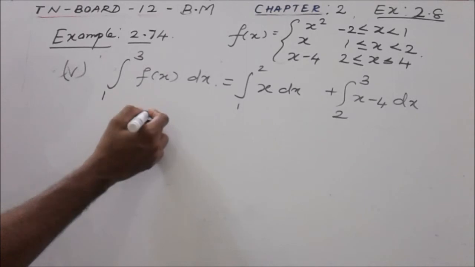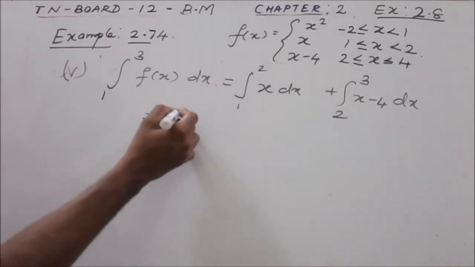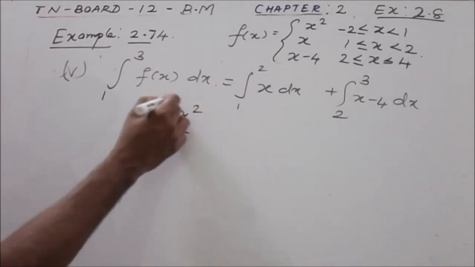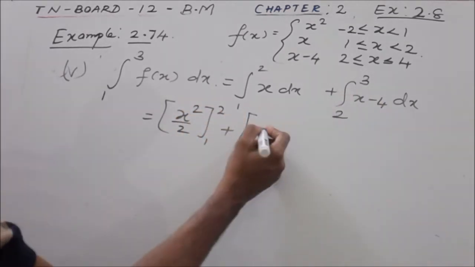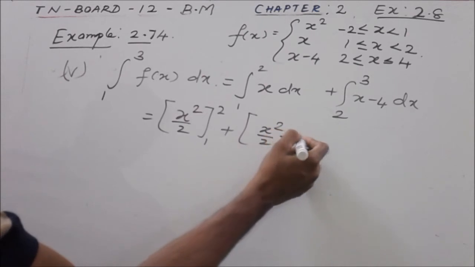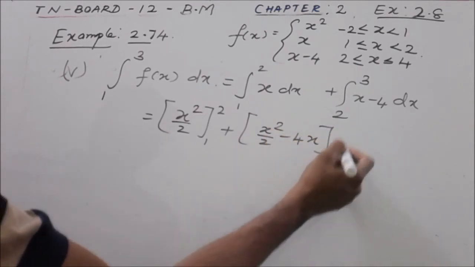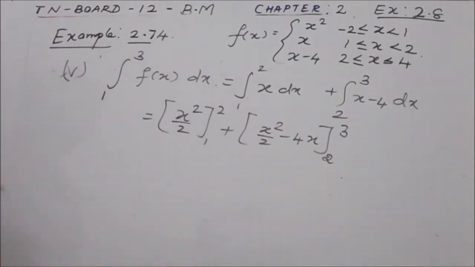Now integrating the first one, x means it is x square by 2 limit 1 to 2 plus x minus 4 means x square by 2 minus 4x limit 2 to 3. Substitute upper and lower limit here.